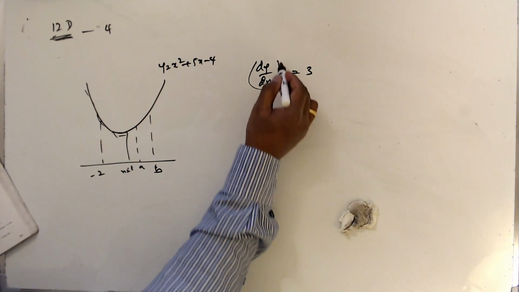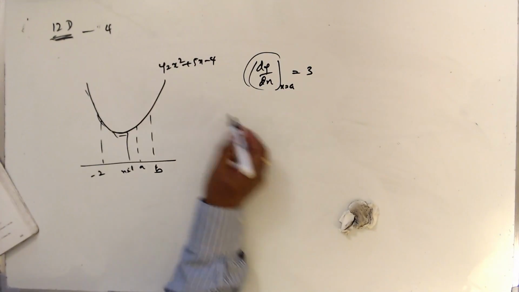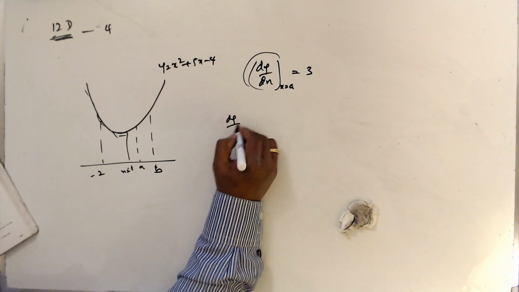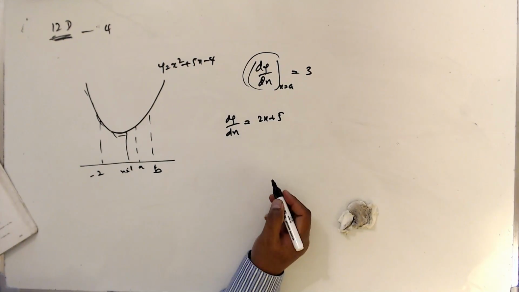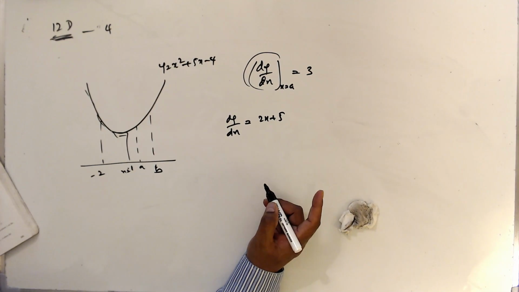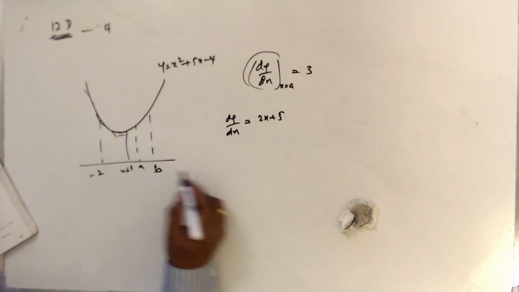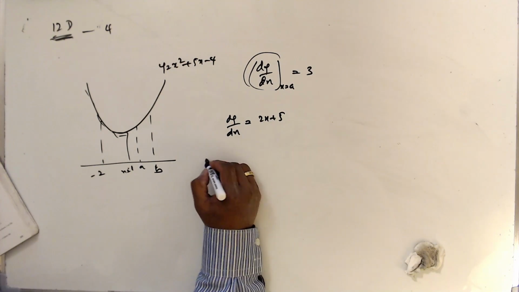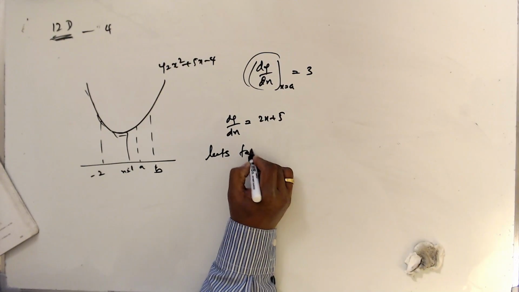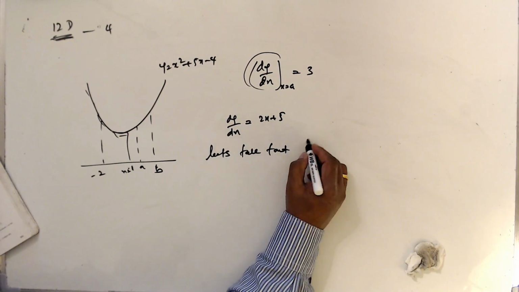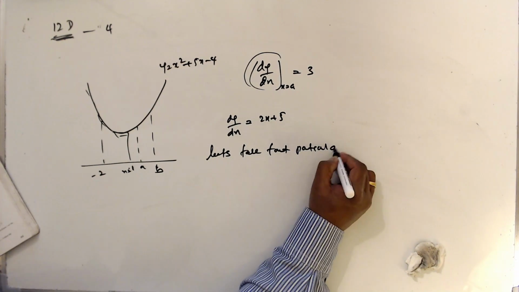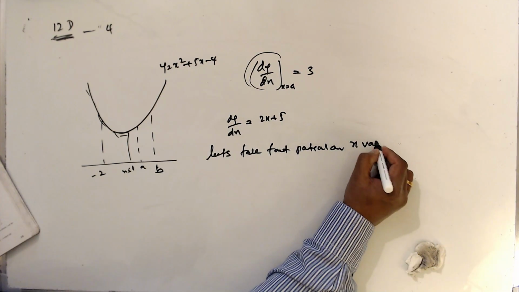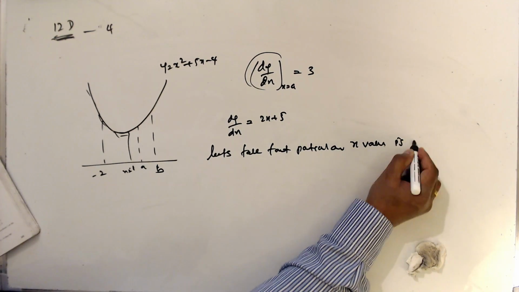Now we'll work out dy by dx first of all. Okay, dy over dx is 2x plus 5. So let's take that particular x value as a.